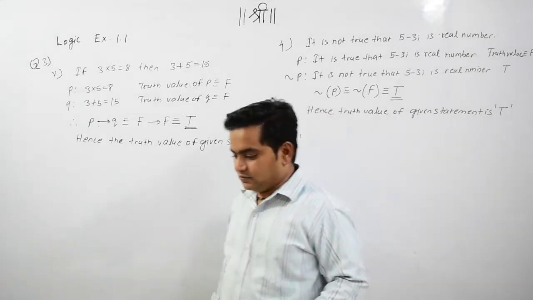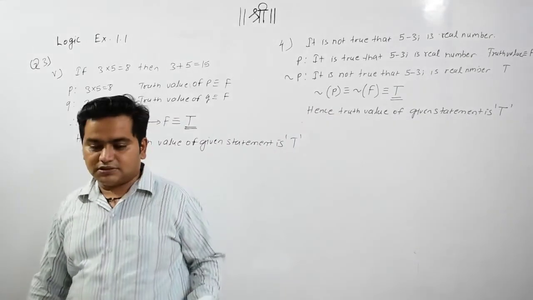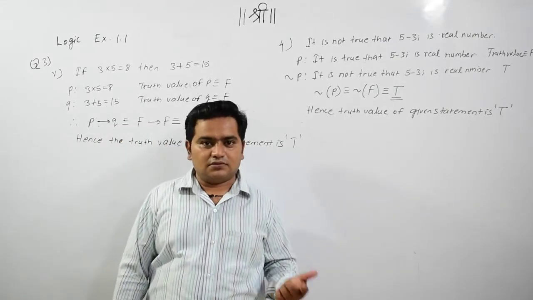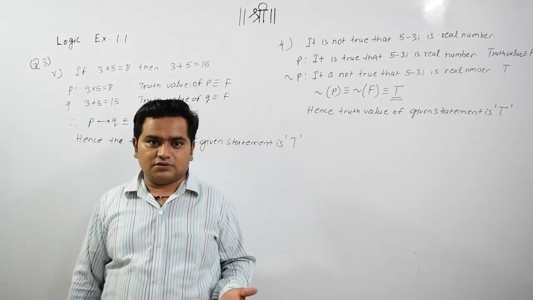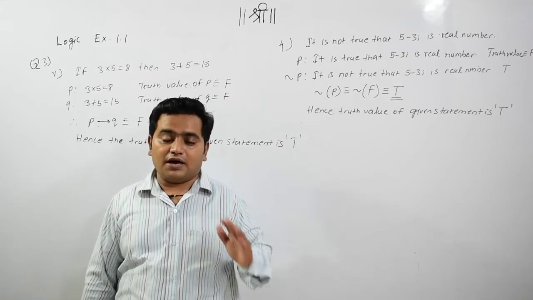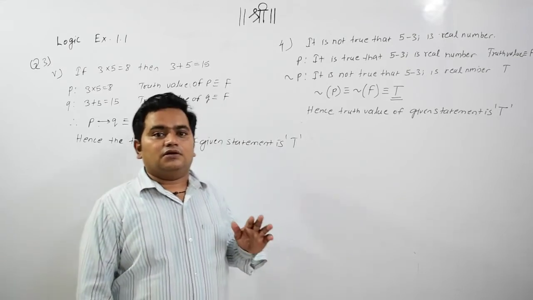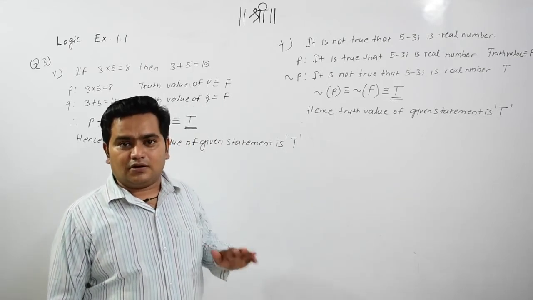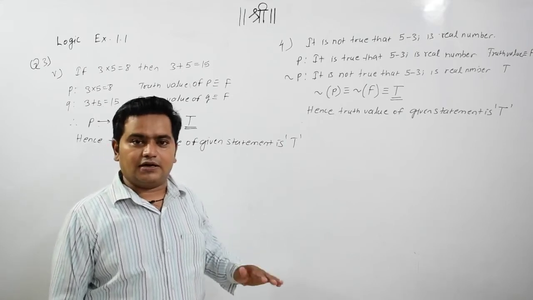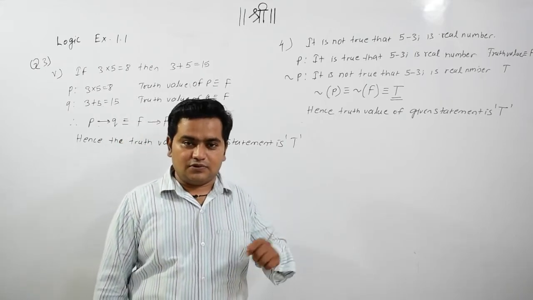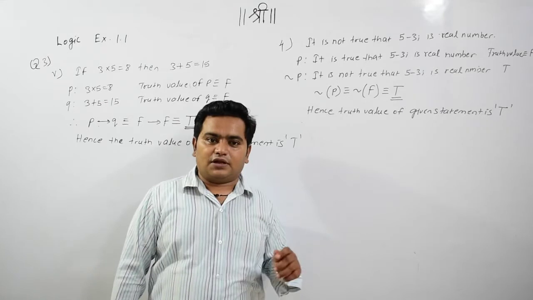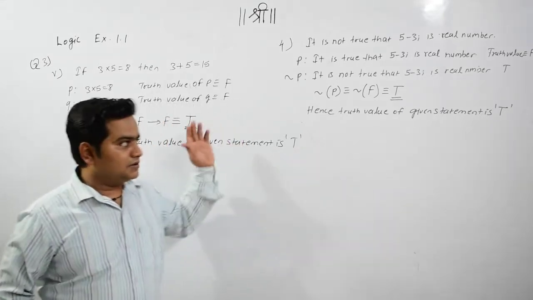Most important part: they will ask this kind of question for 1 mark, or 2 marks in MCQs. If they ask you in MCQs, you need not write all the steps. You can directly get the answer by doing rough calculations. For that purpose this question does not require all this stuff.